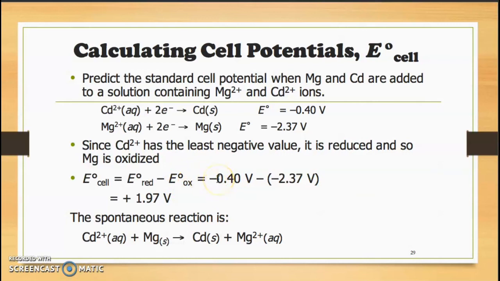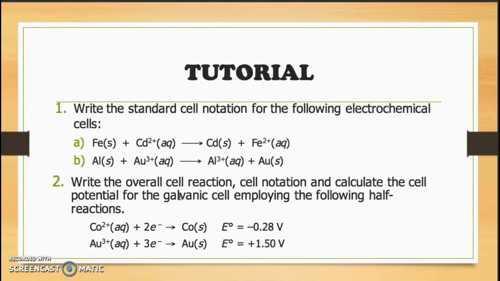The reduction is the cadmium, which is negative 0.40, minus the negative 2.37 volt of the magnesium 2 ion, and you get the answer of positive 1.97 volt. This is the overall reaction, and because it is positive, more than 0, the cell potential is spontaneous. Try this tutorial.